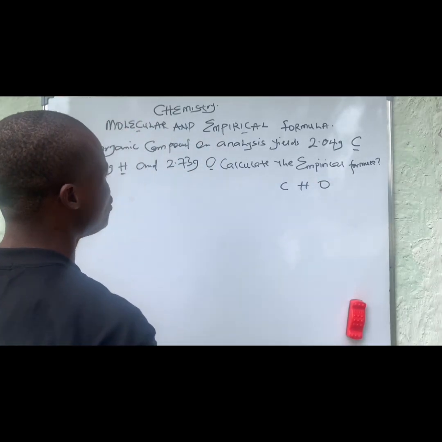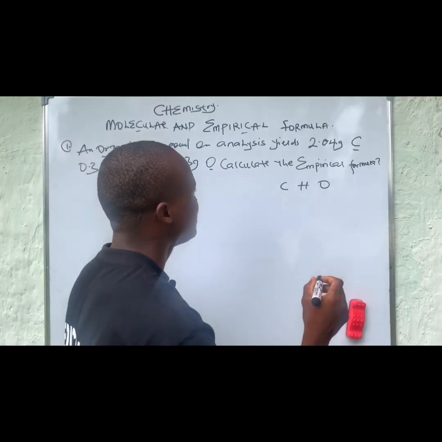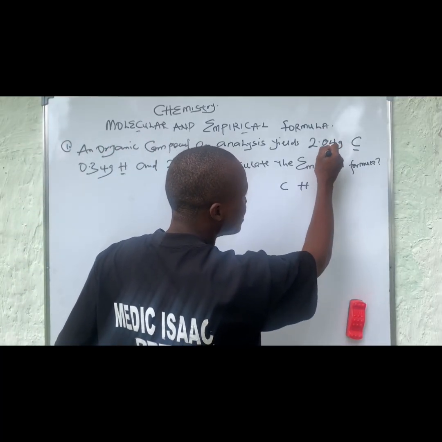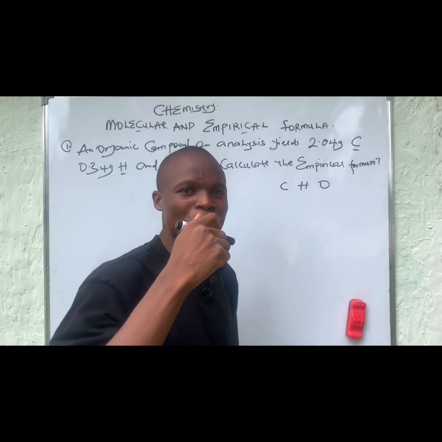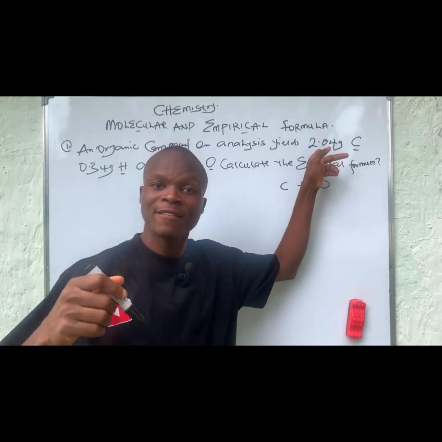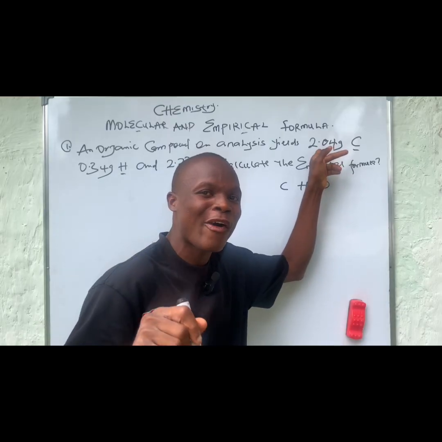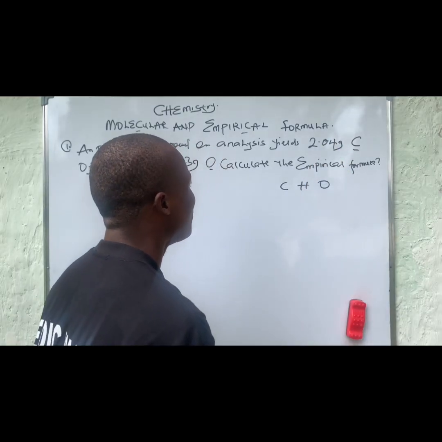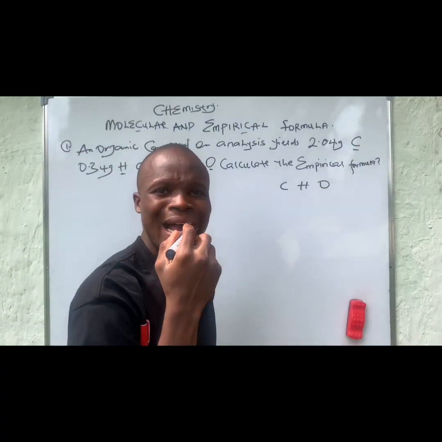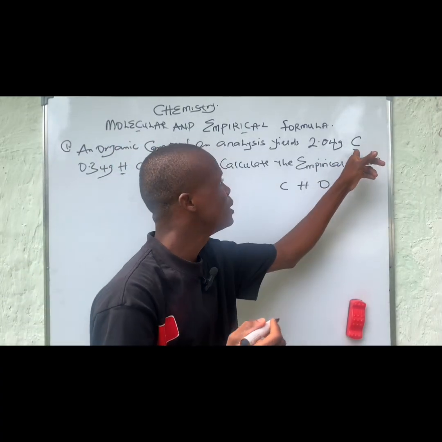The next thing that you should do is divide this. Do you understand? You have to divide it with their atomic mass. What do I mean? You have to divide it with the atomic mass before dividing with the simplest answer, the smallest answer. So what do I mean by that? 2.04, this is carbon, and the atomic mass of carbon is 12.